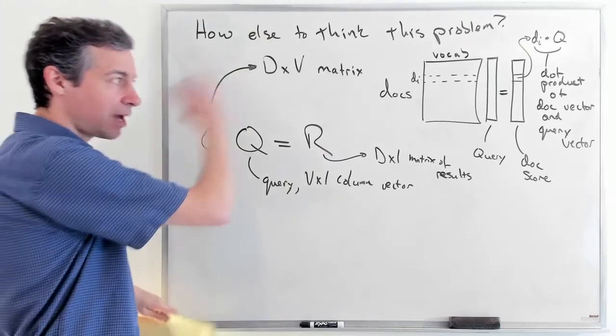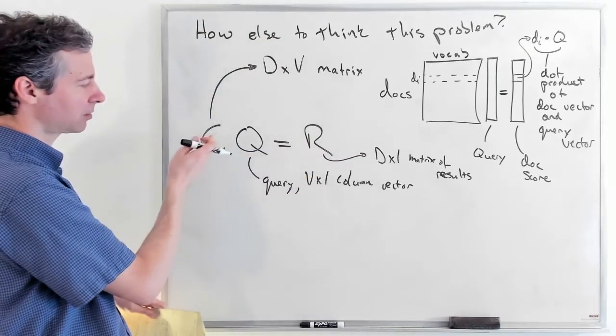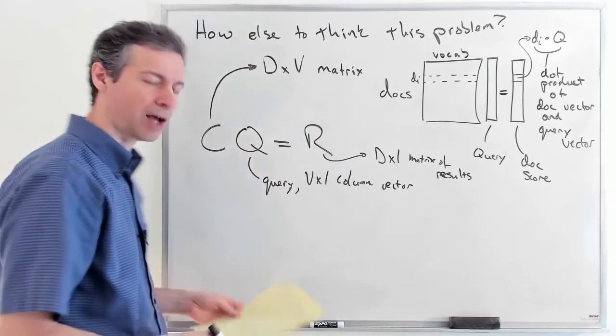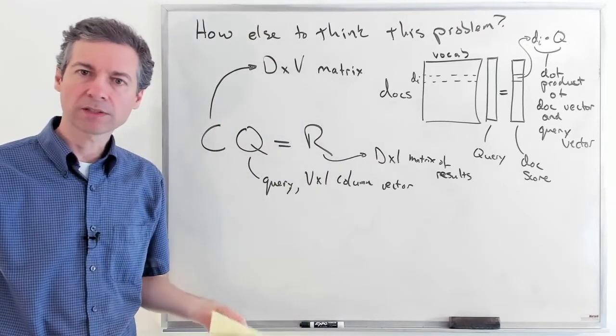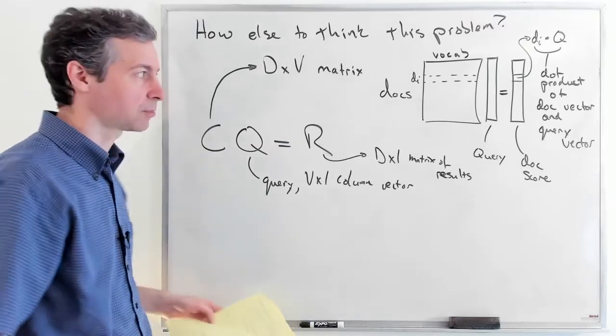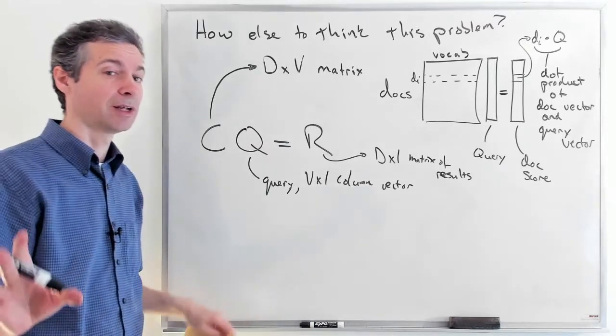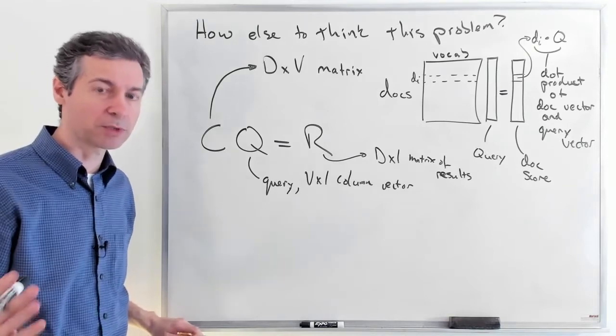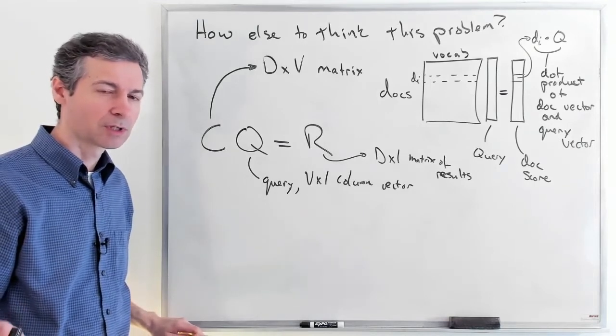Now, if we've got it in this form where we can talk about the matrix C, the query, and the results, how can we see relevance models in this? Because you're like, well, wait a minute. We've been doing language modeling. We've got probabilities for words in the documents.